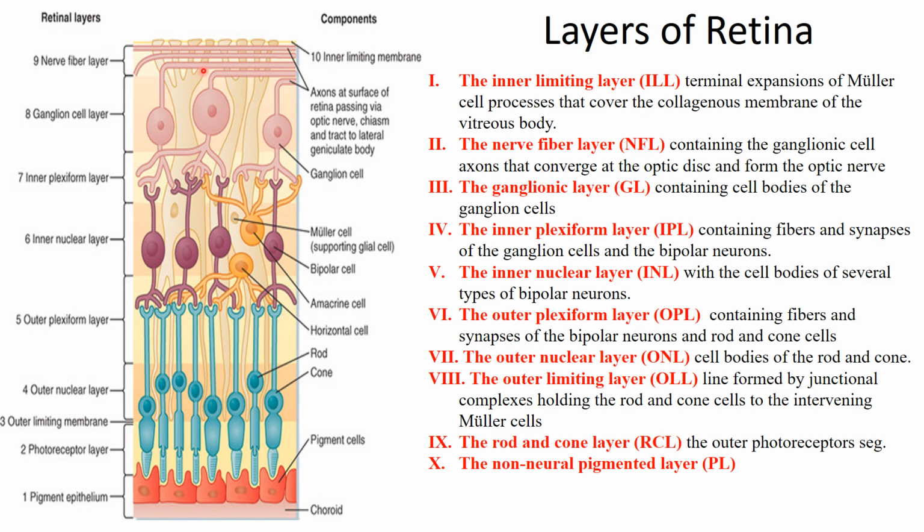So this is the nerve fiber layer, and interior to that is the inner limiting membrane, the basement membrane of the Muller cells in relation to the vitreous body. So this is the inner limiting membrane. So these are the 10 layers of the retina.